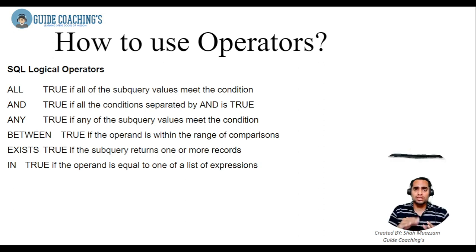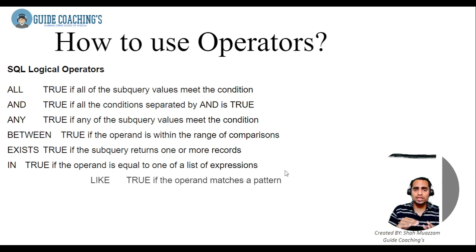Now it will give me the records of all the employees who have salary equal to 10,000, 20,000 and 30,000. That is how in works. In means give me all the records which satisfy this condition.